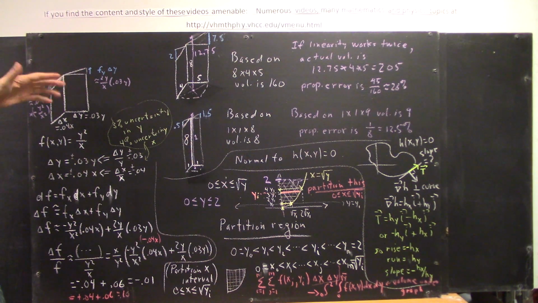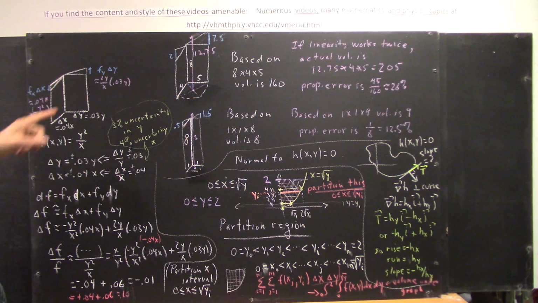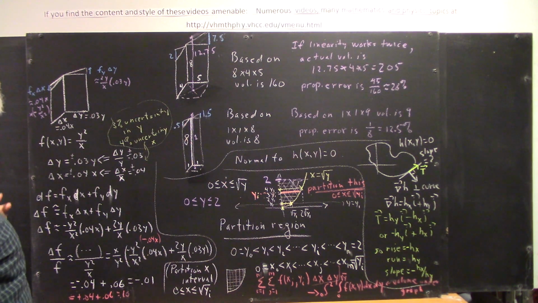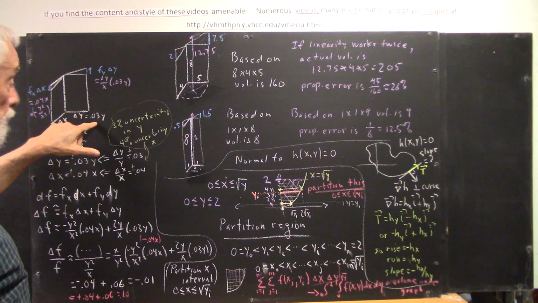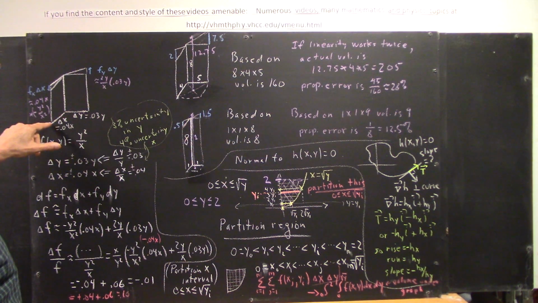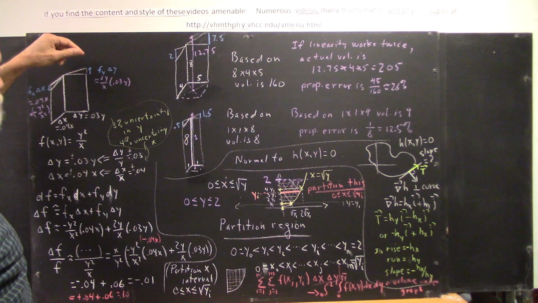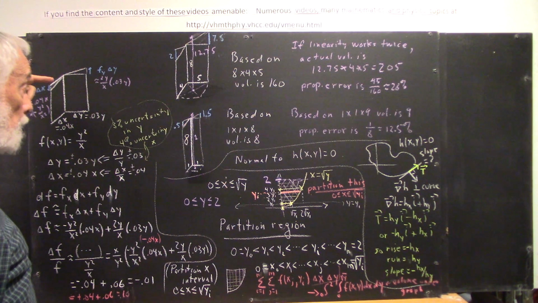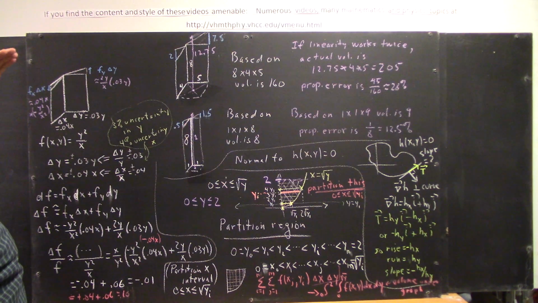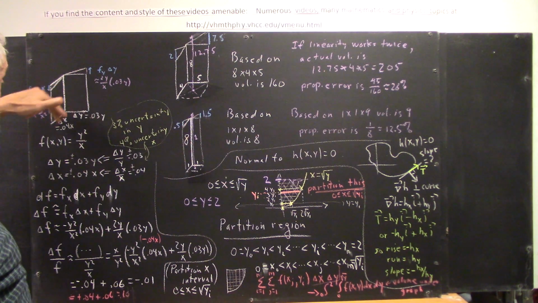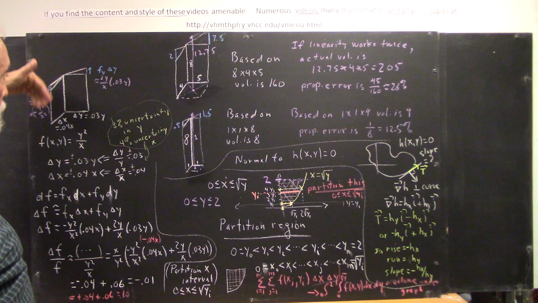Using just the plus to draw the picture, remembering that delta y could go in that direction and delta x in that direction, we let delta y equal 0.03y, delta x equal 0.04x, and draw the picture of the changes that occur in a linear approximation due to these two changes, to y and to x.